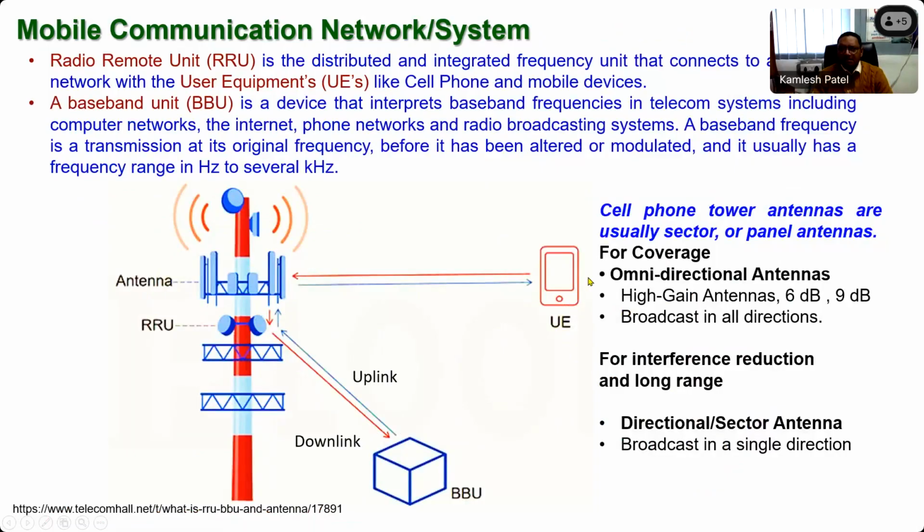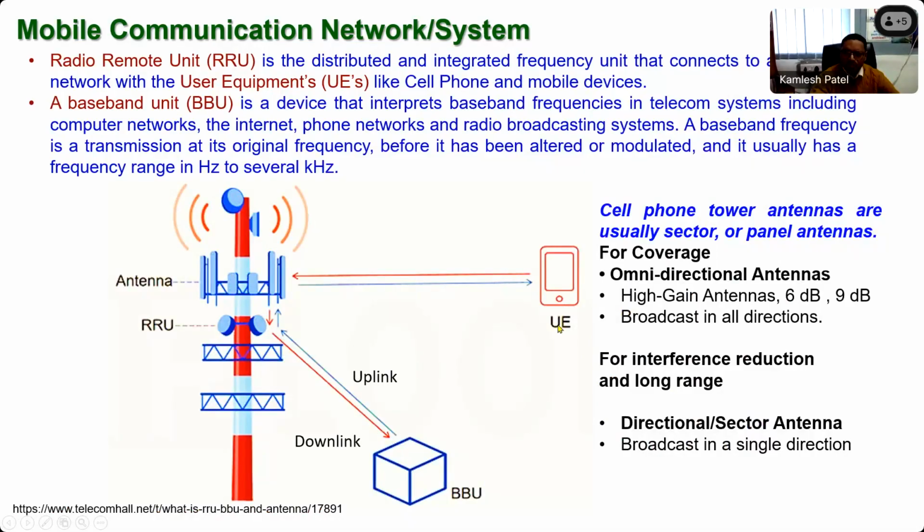A simple mobile tower contains two main units. One is the radio remote unit. The second one is the baseband unit. The radio remote unit communicates in the microwave frequency range, whereas the baseband unit handles the demodulated, low-frequency signal and sends the frequency to the RRU.